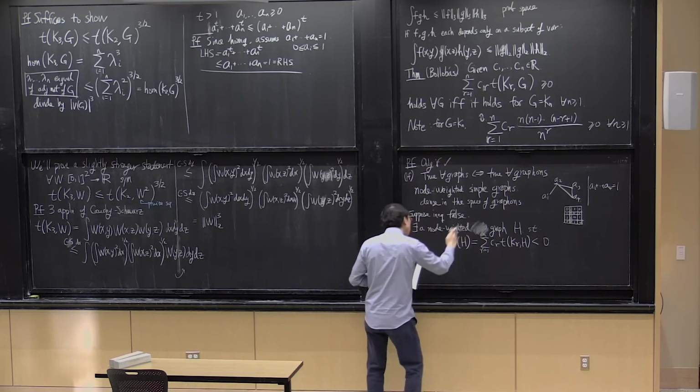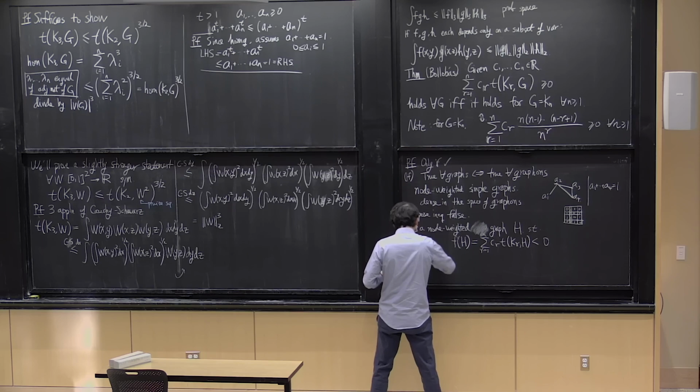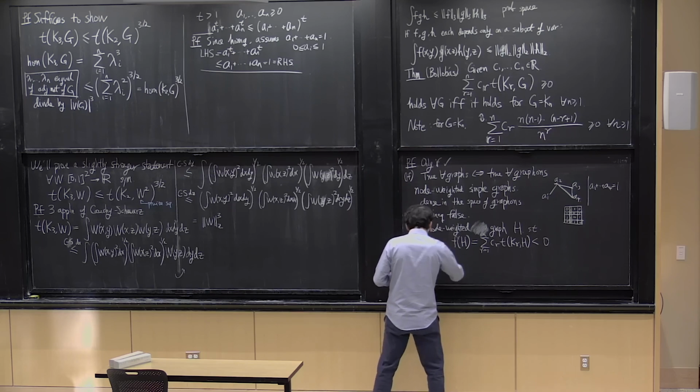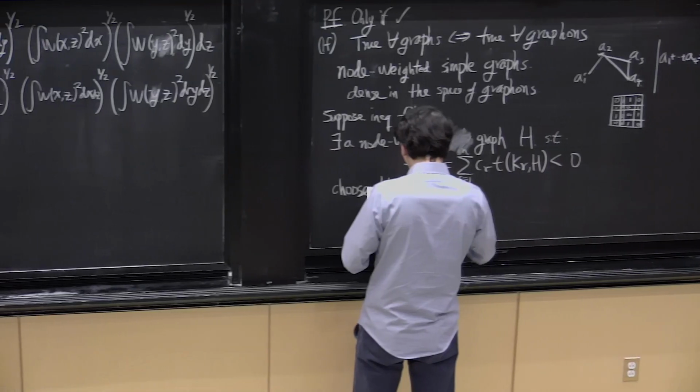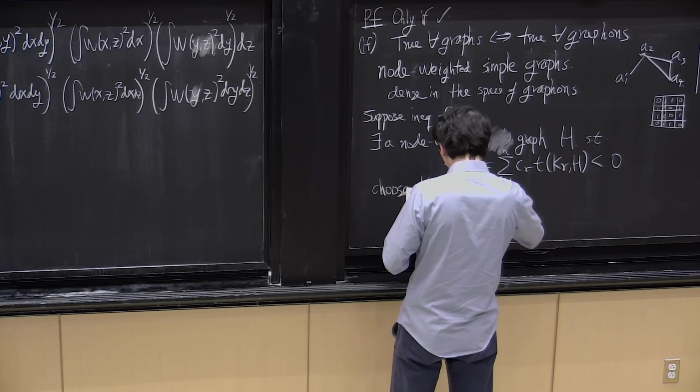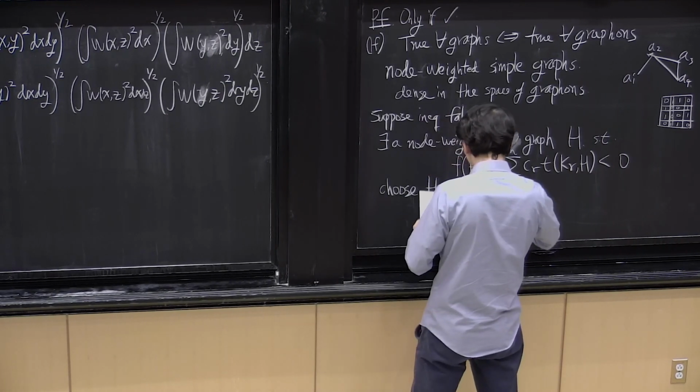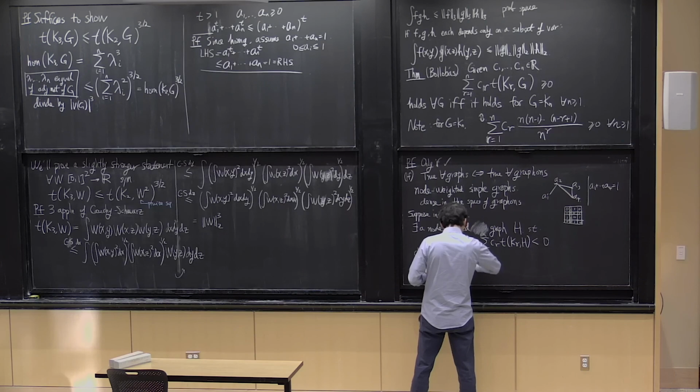Among all the possible H's, let's choose one that is minimal in the sense that it has the smallest possible number of nodes.